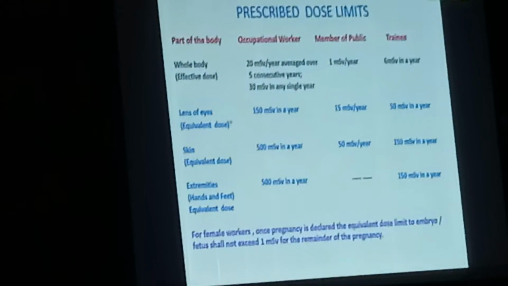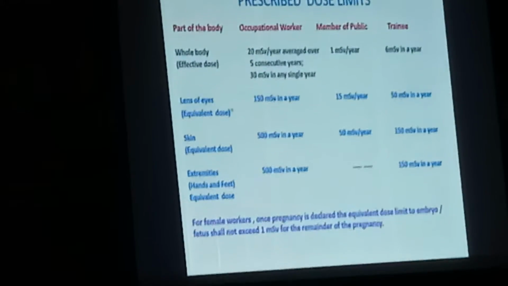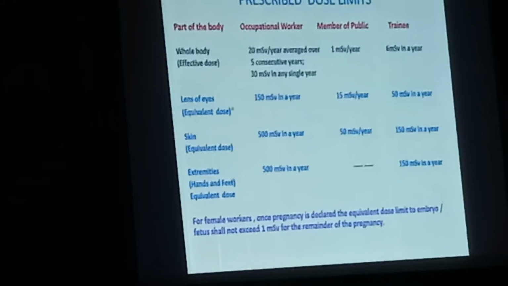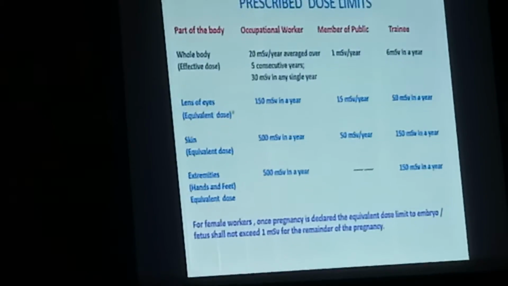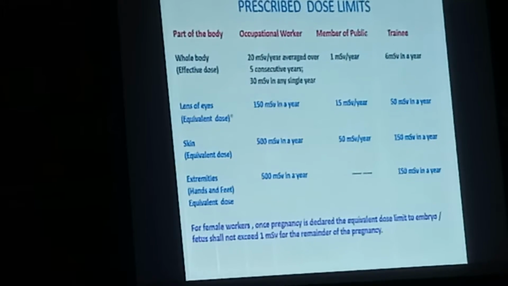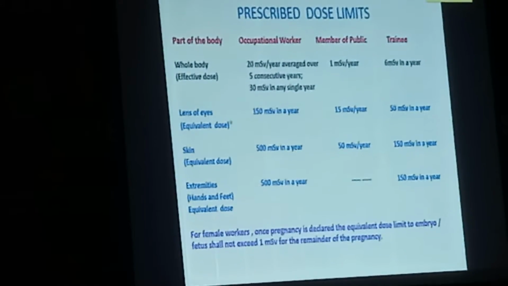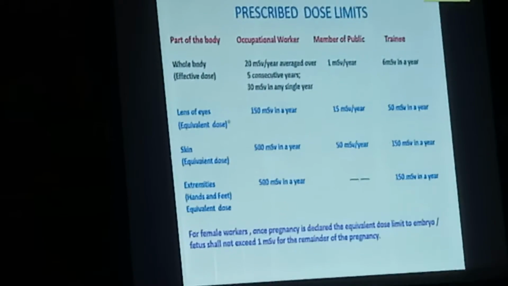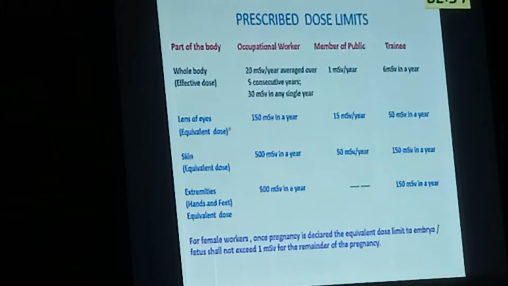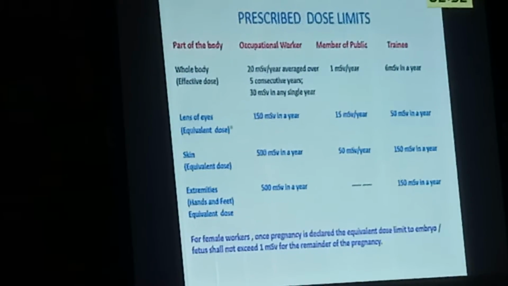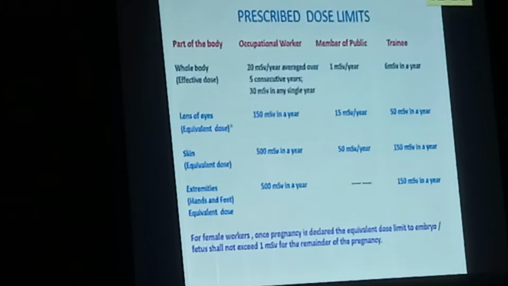Okay. But our principle is ALARA, as low as reasonably achievable. So we should always keep in mind that if we use protective gear, then there is no problem in dealing with this kind of equipment. Similarly, for female workers, once pregnancy is declared, the equivalent dose limit to the embryo or fetus shall not exceed 1 millisievert for the remainder of the pregnancy.